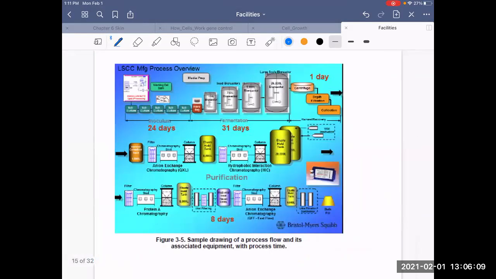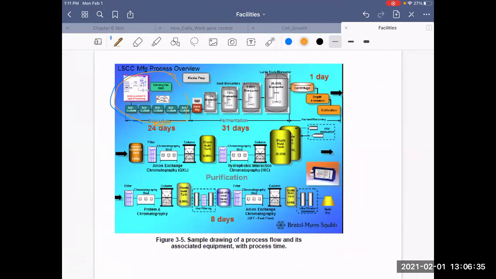Okay, so here is a picture that I have. It's from the book, and it's a sample of the process flow, some of the equipment that's involved, and the time. Okay, so if we start here, okay, so they're starting up here. Okay, so I know it's kind of hard to read, but I just want you to get the idea. So inoculum.